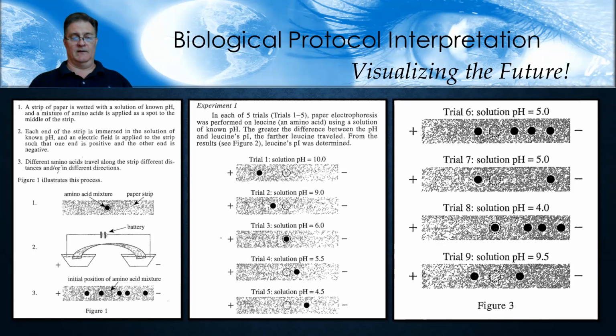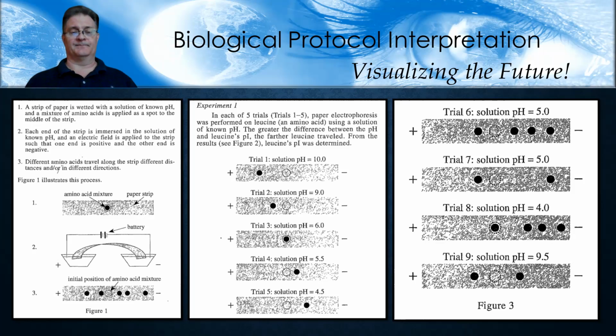Then in illustration 3, they depict the number of amino acids that have separated out of the mixture. Notice 3 of those amino acids are being attracted to the negative terminal of the battery, while 2 of those amino acids are being attracted to the positive terminal.